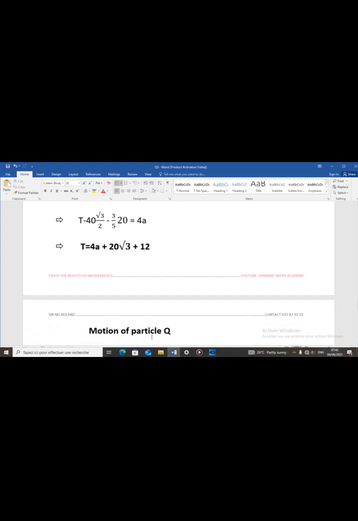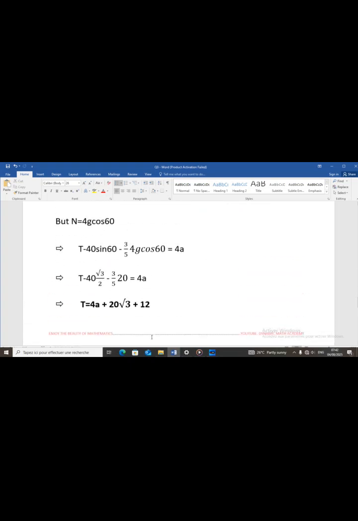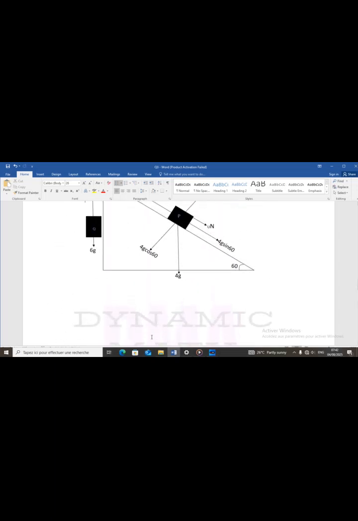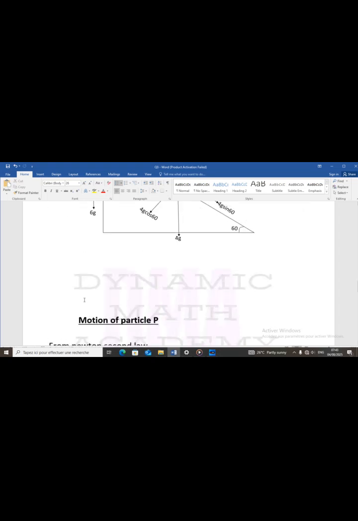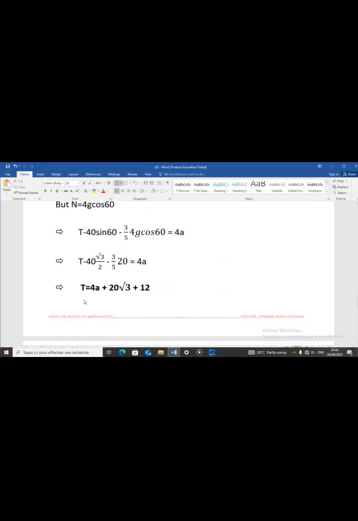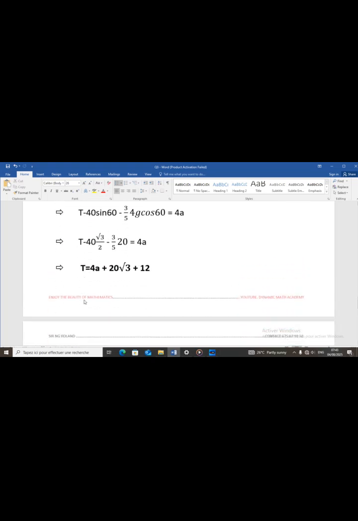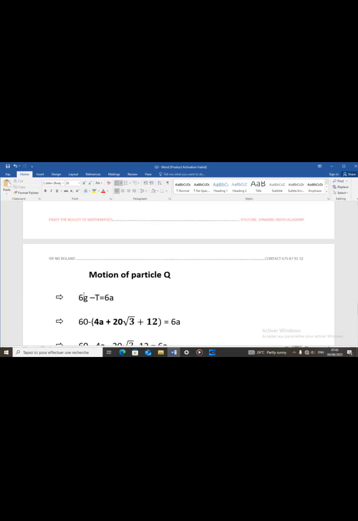So now the motion of particle Q. Actually, particle Q will not really change. The net force forcing this particle to go down is the weight, so 6g minus T will be equal to 6a. Okay, so you have 6g minus T is equal to 6a.